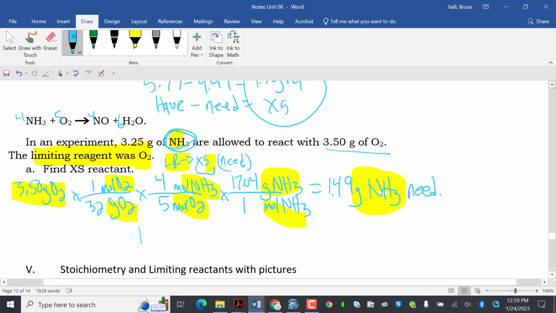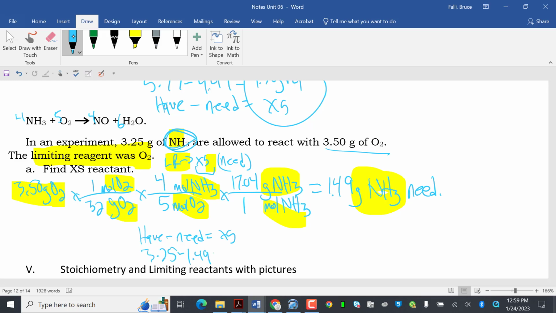I have minus need equals excess. I have 3.25. I need 1.49. So 3.25 minus 1.49 is 1.76. It's not what I said. 1.76 grams of excess NH3.